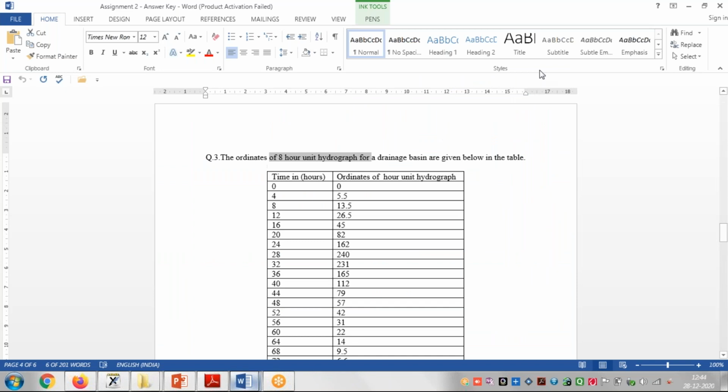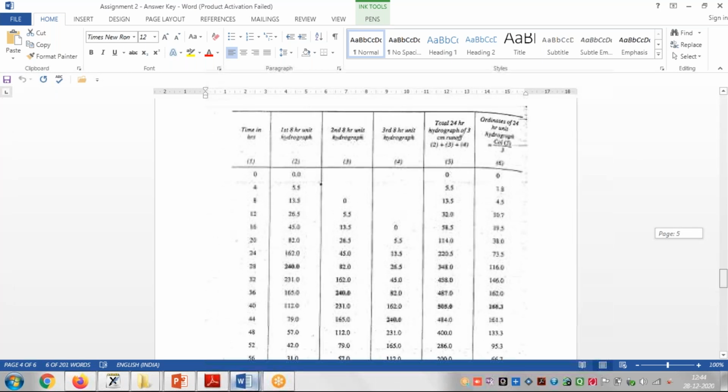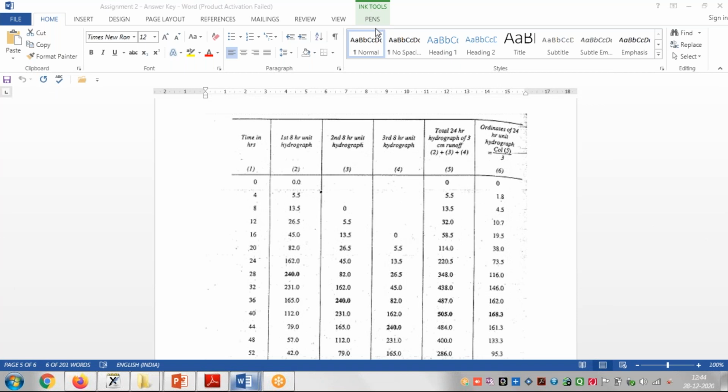See here, you can see this. First, this ordinate is drawn as it is, just as written here.